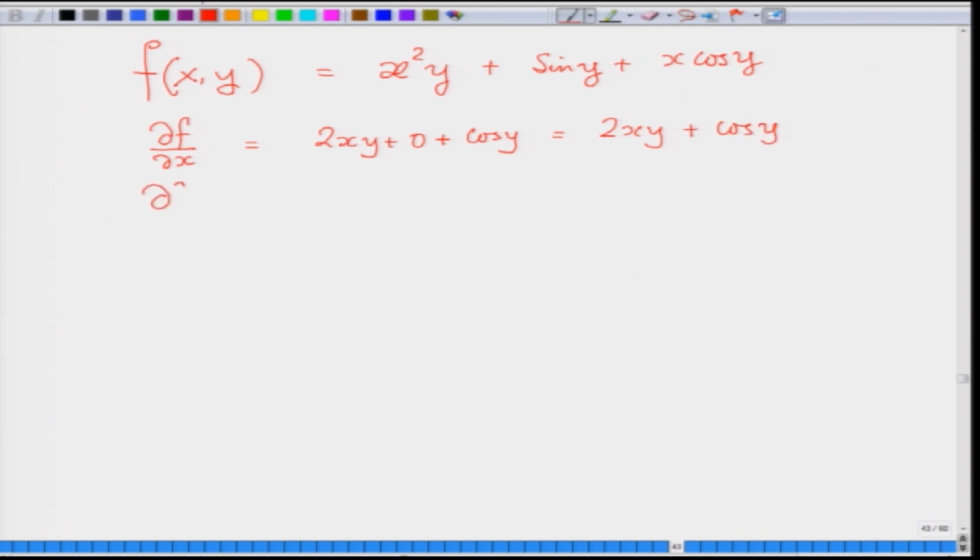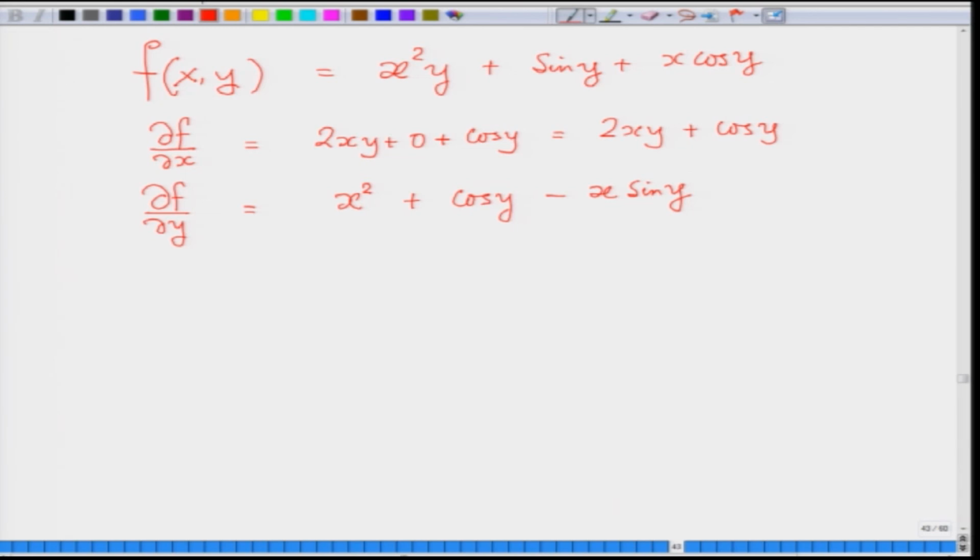Now, if I take the derivative with respect to y, then in the first case I will get x square, because the derivative of y is 1, plus the derivative of sin y, which is cos y, and here I will get minus x sin y, because the derivative of cos y is minus sin y, keeping x fixed. So, these are exactly the two derivatives.